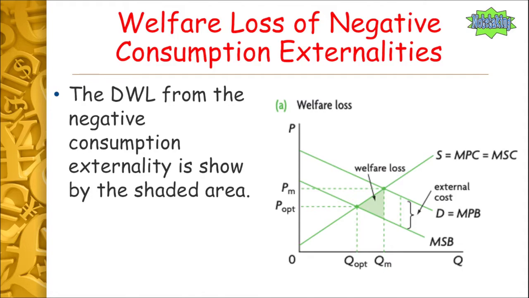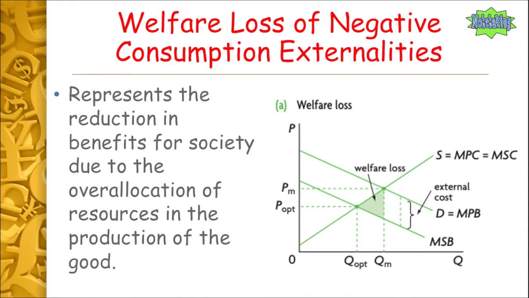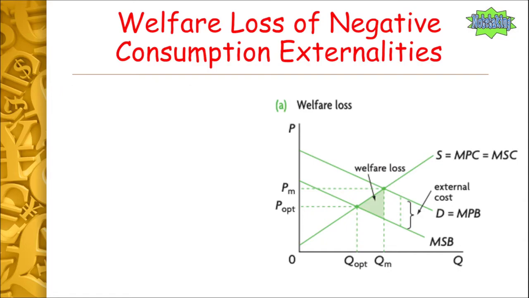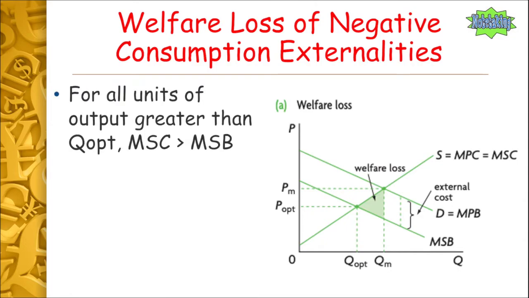So you can see yourself, it's the gap between the market price and quantity and the optimum quantity there. It represents the reduction in benefits to society due to the over allocation of resources in the production of this good. So society is producing too much of this good, which is creating this external cost, which is not desirable for society.